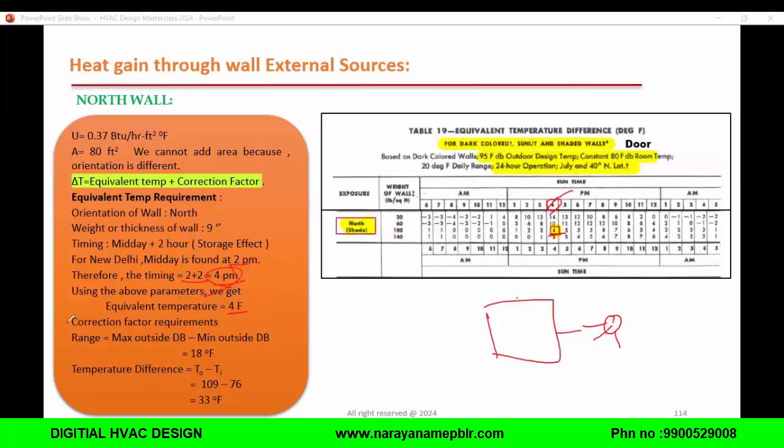Clear? Any doubt till now? Up to equivalent temperature, is it clear? I'll go for the correction factor next. Please confirm. Ashish, Vivek, Mahesh, Mukesh, Vishwan. Yes, sir.